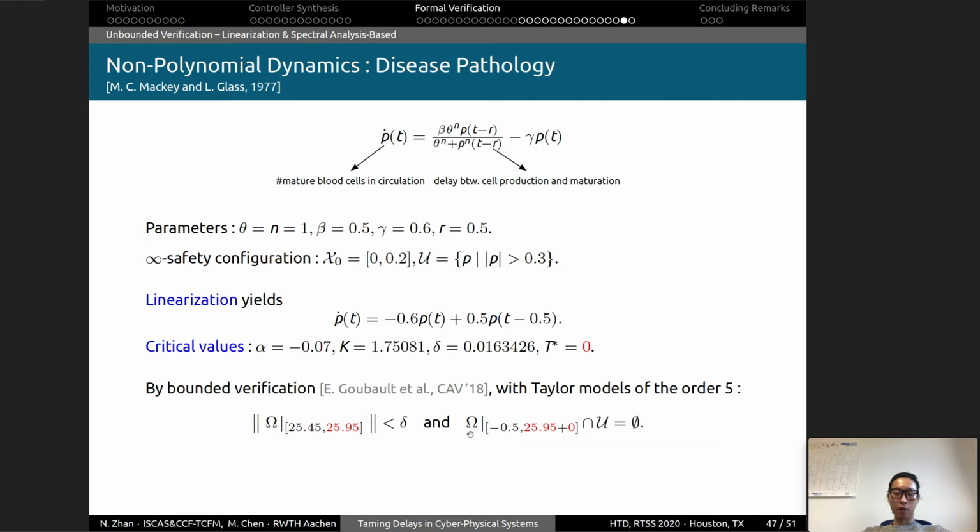And together with the fact that the entire over approximation from minus 0.5, which is the delay, up to T prime plus T star is disjoint with the unsafe set. Now, these two facts together imply the infinity safety of the original non-polynomial delay differential dynamics.